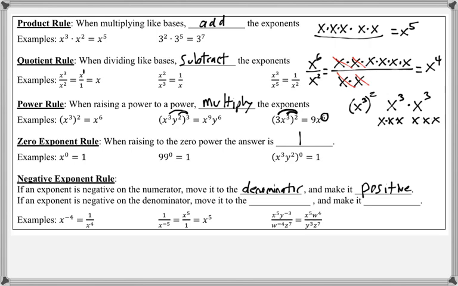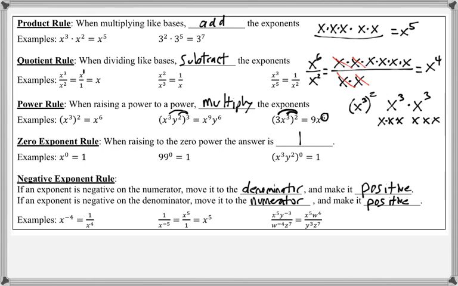Now if it starts out on the denominator and it's negative, then you would move it to the numerator and make it positive. So wherever it is, if it's negative, move it to the other side, or I should say, other part of the fraction, and then change it to a positive.